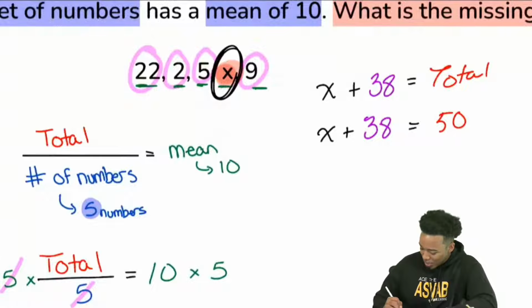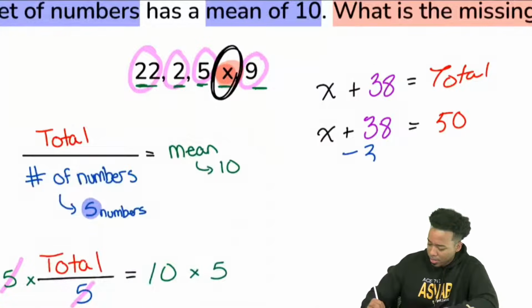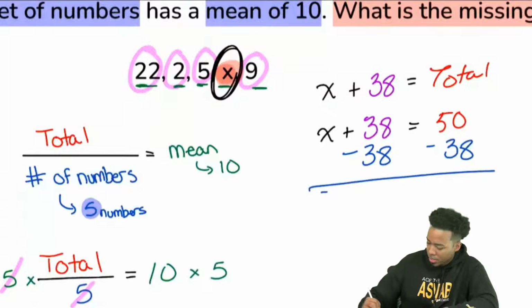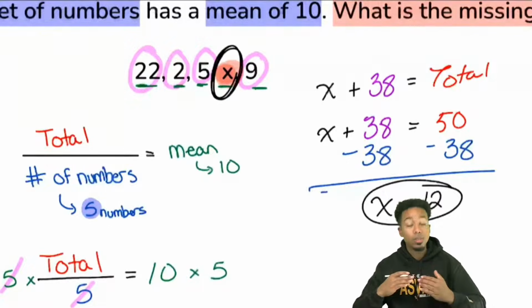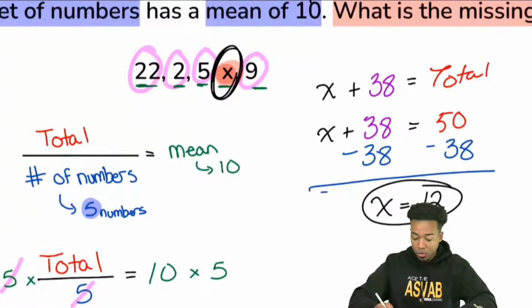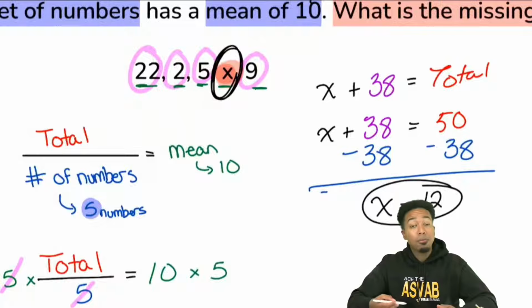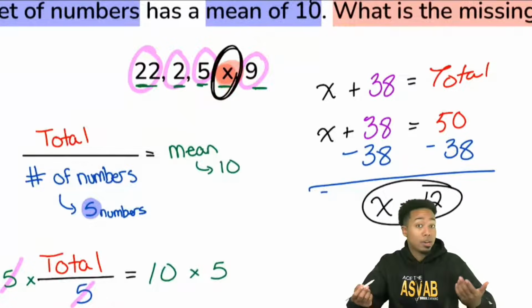So again, all we need to do here to solve it is just subtract the 38. If you want to do it pure math, you would just subtract the 38 on both sides. And that's going to give you X equals 12. But long story short, if you're working backwards, all you're doing is finding what the total is supposed to be and then seeing what the missing number is going to be to make up that total.